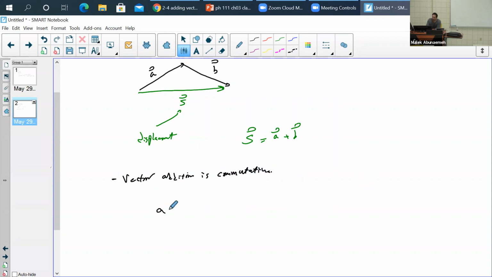What does that mean? That means your A plus B is going to equal your B plus A. So let's say you have a vector A, and I'm going to have vector B. Okay. So your resultant of these, that's going to be your A plus B. Don't forget the arrows for your vectors.